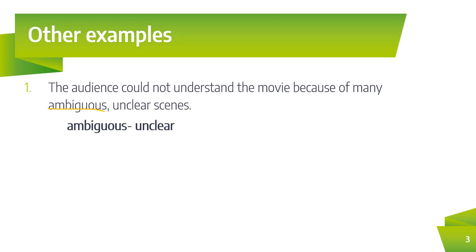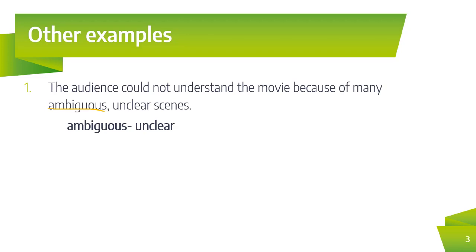So, you have to analyze the sentence. The audience could not understand the movie. Why? Because of many ambiguous, unclear scenes. So, ambiguous is the unfamiliar word. Now, let's identify the synonym of ambiguous.